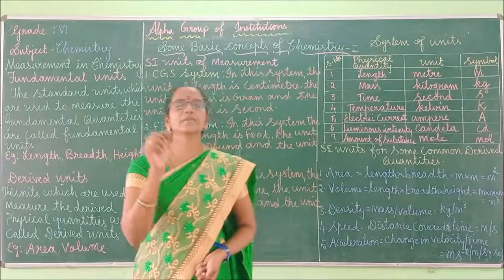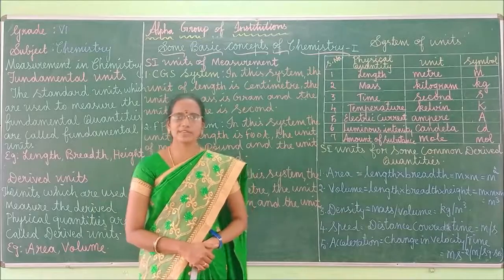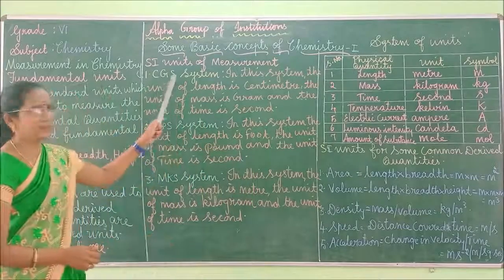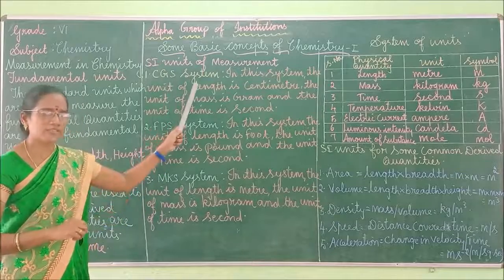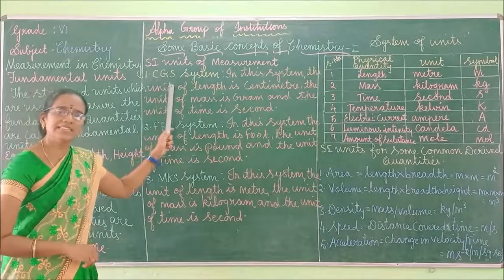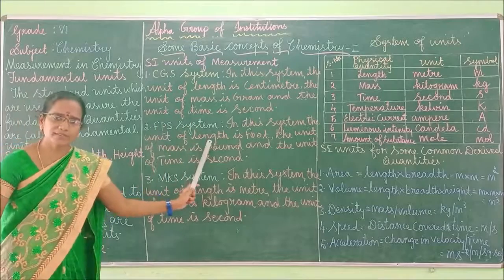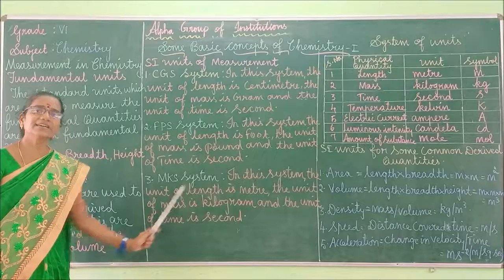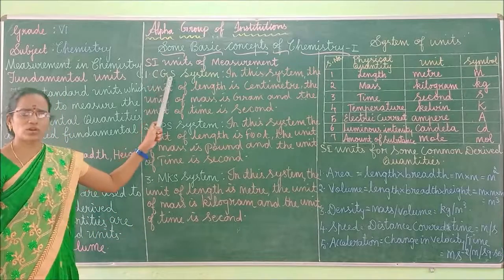In this we are going to see about 3 systems of units. One is the CGS system, second one is the FPS system and third one is the MKS system. What is C, what is G, what is S?